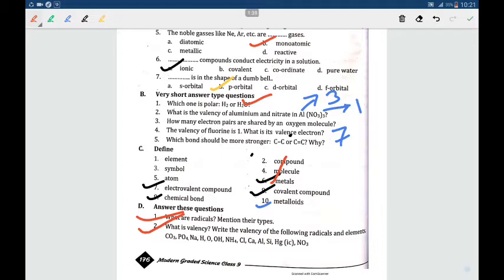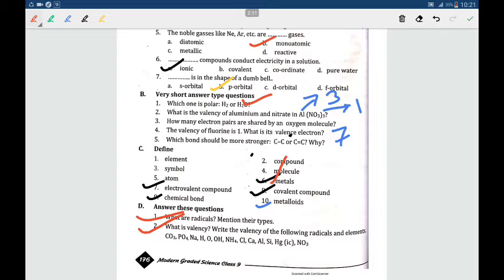Question number 2, write the valency of the following radicals and elements. Definition of valency: the combining capacity of an element with the other element or radical to form a molecule or a compound is called valency.